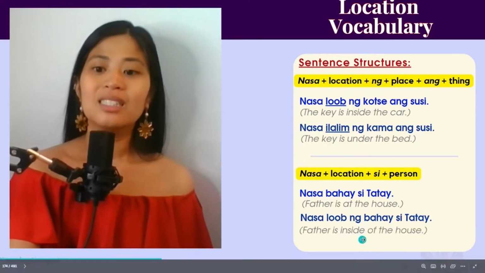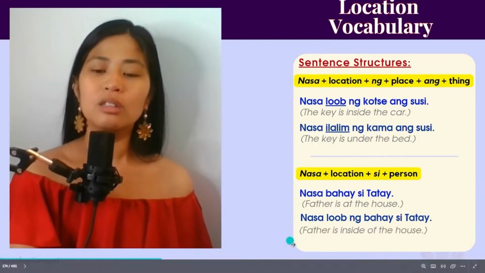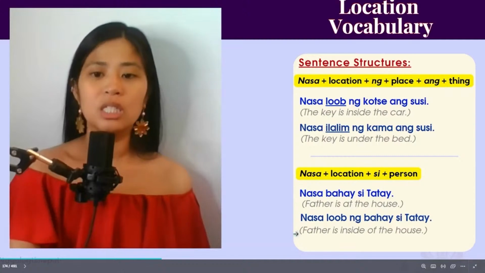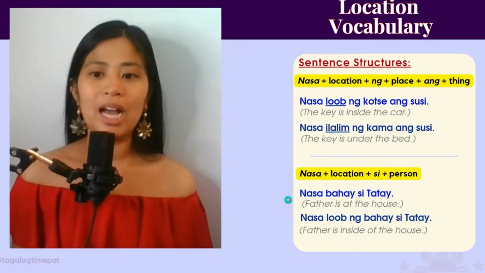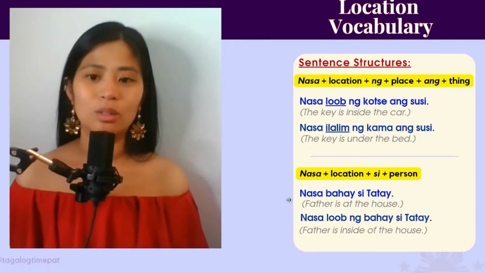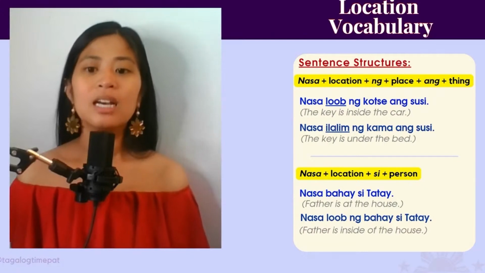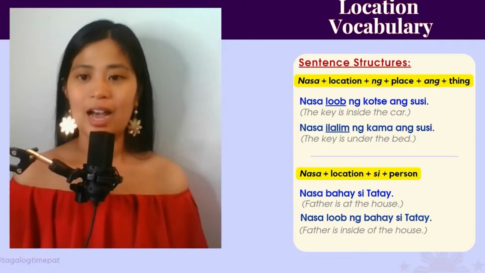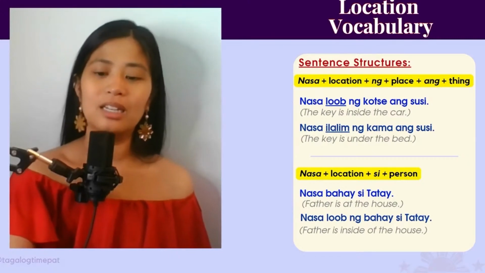The father is inside of the house. So there's the difference there when you're using a location vocabulary versus when you're not. So nasa bahay si tatay, father is at the house. Versus nasa loob ng bahay si tatay, father is inside of the house. Okay, so that's kind of the difference there.